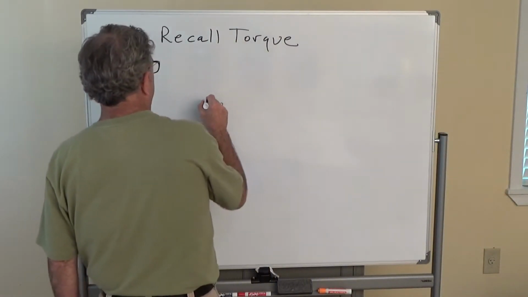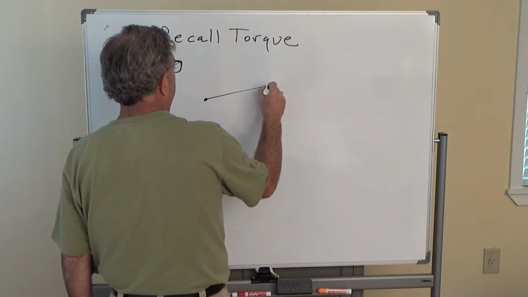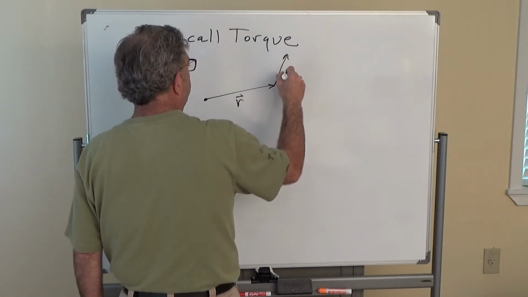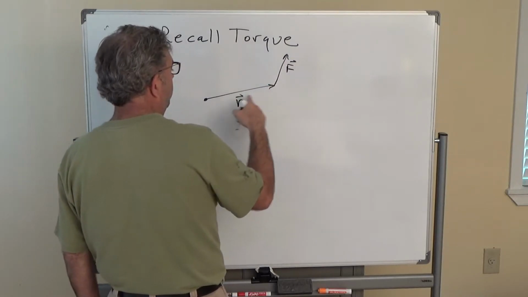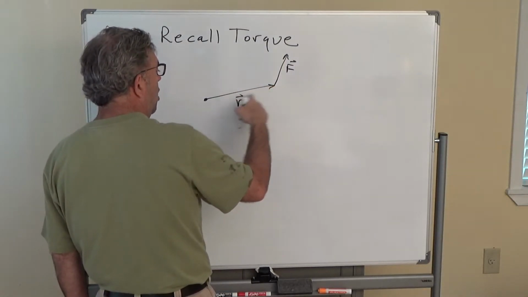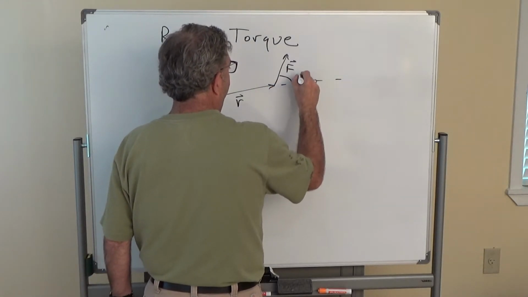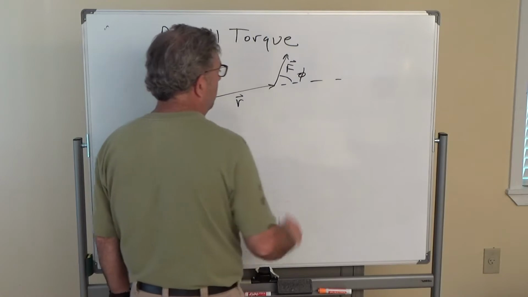So you have the position vector, r, and some force vector acting out here at this distance, this moment arm or lever arm. And then there's an angle between the two, and I'll call it phi.